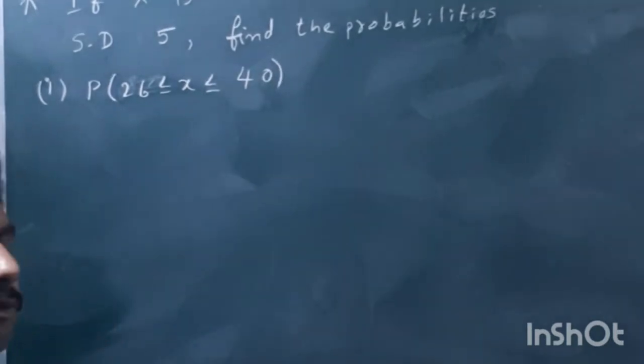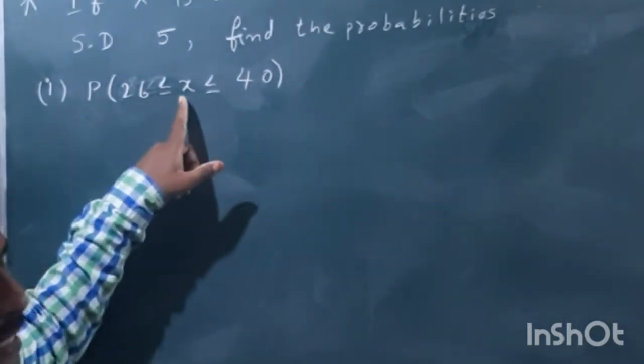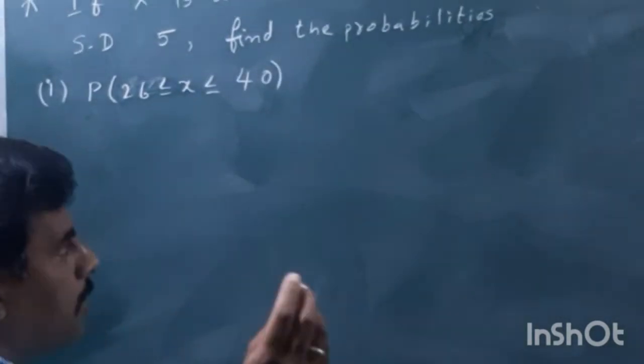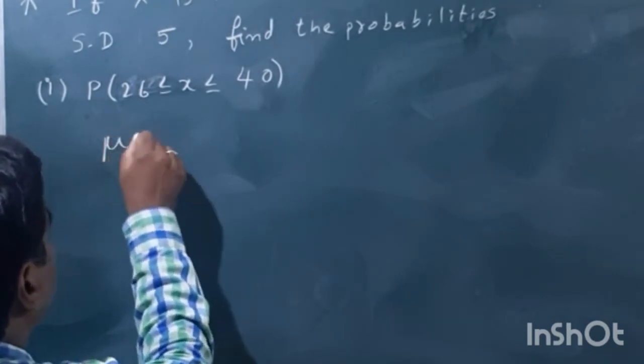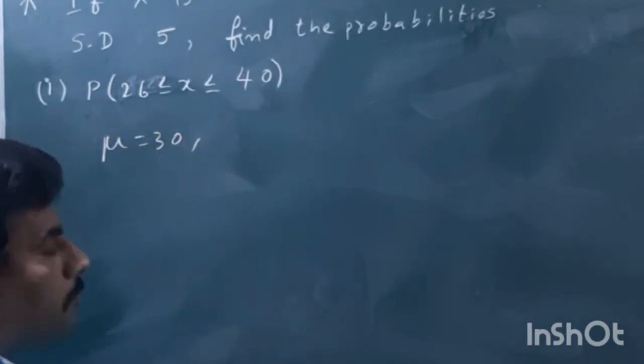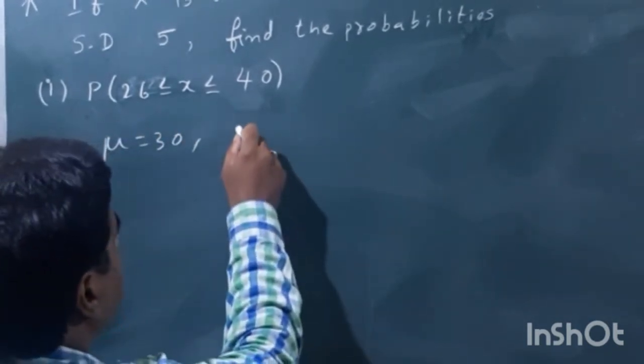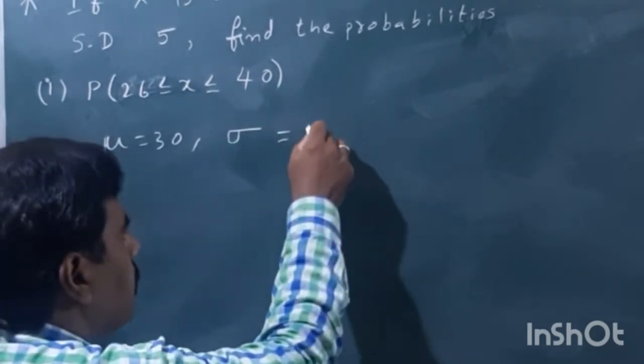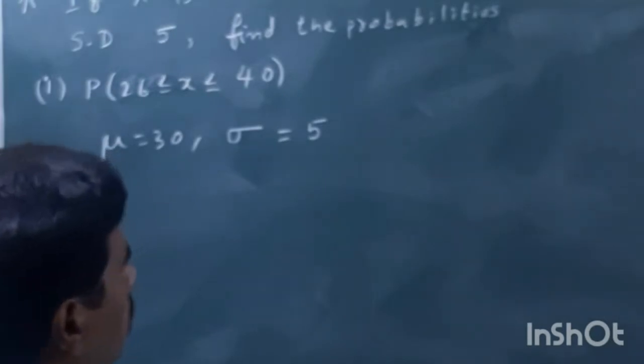We have to find the probability when x lies between 26 and 40. In the given problem, the mean mu is 30, and the standard deviation denoted by sigma is 5.